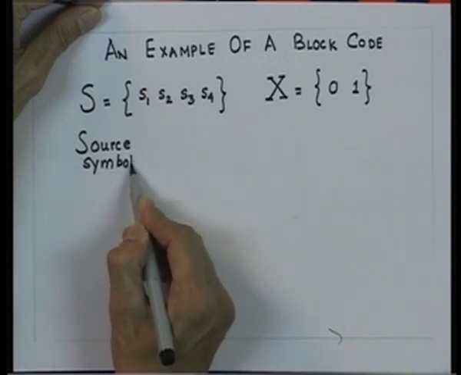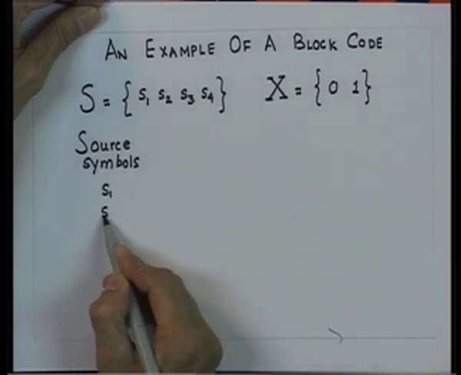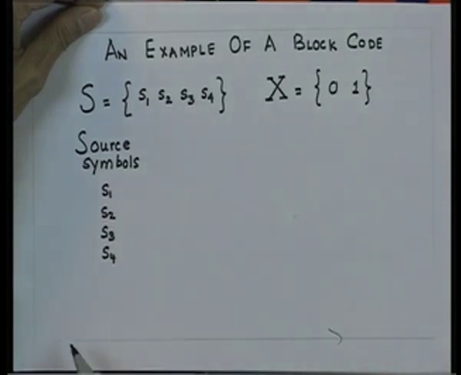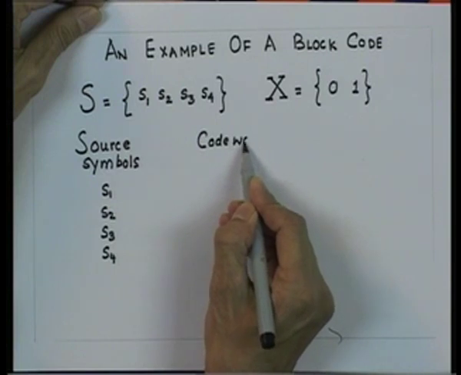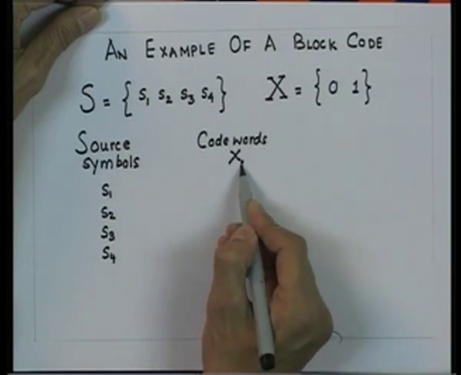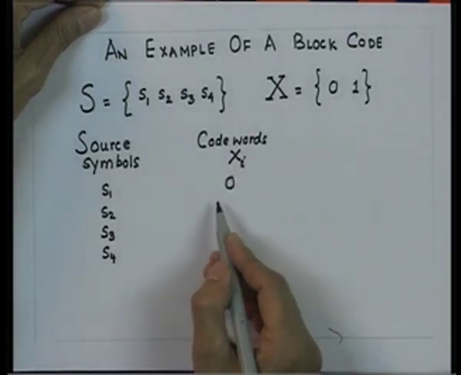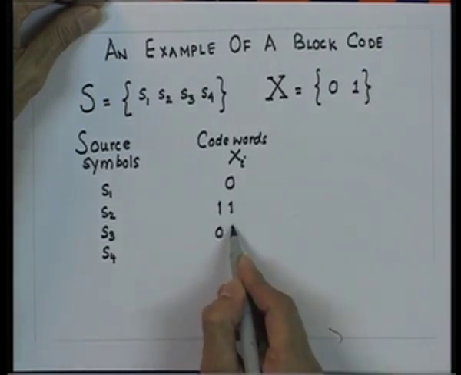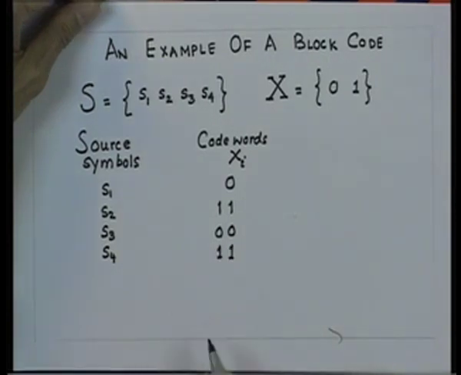Designing of a code for this source would be trying to find out the code words for each of these source symbols. So, the code words, which are denoted by Xi, would be, for S1 let me have 0, for S2 let me have 1 1, for S3 let me have 0 0, and for S4 let me have 1 1 again.